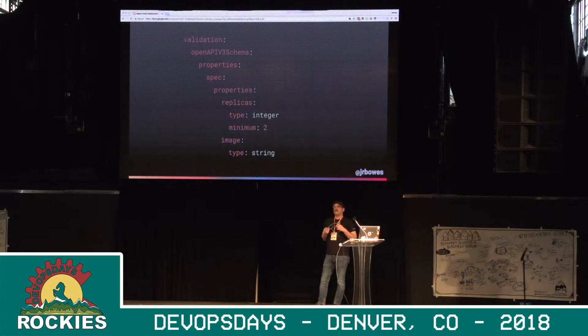So if you wanted to, you could define this OpenAPI v3 schema, which is a subset of JSON schema, and the ones that are actually used by Kubernetes are a subset as well. So you've got to be careful about looking up which piece of documentation, but for the most part, it's all usable. So you can say, my specific application is going to have replicas, and we always want to have at least 2, right? So someone can't make one of these that has 1.